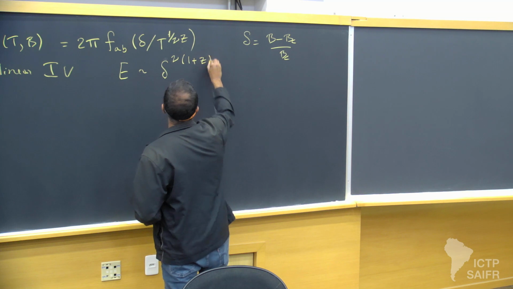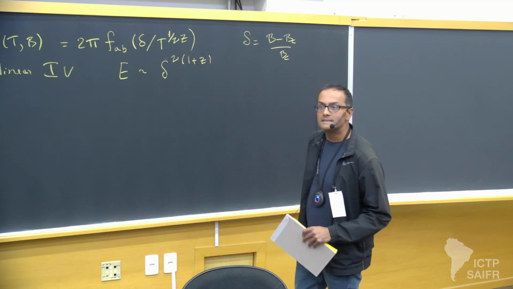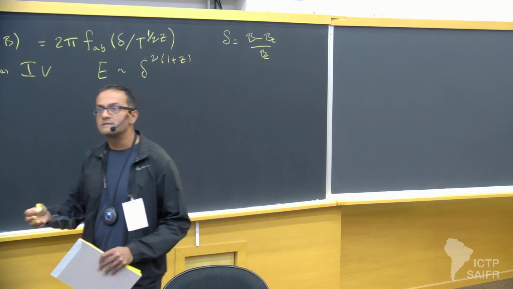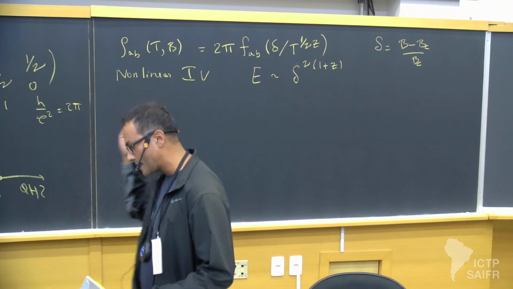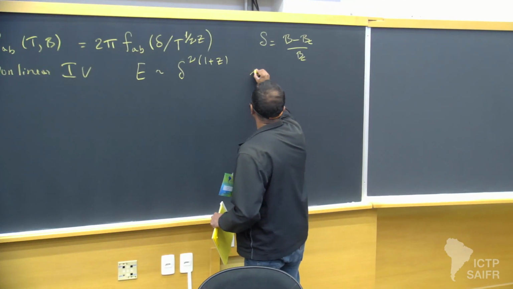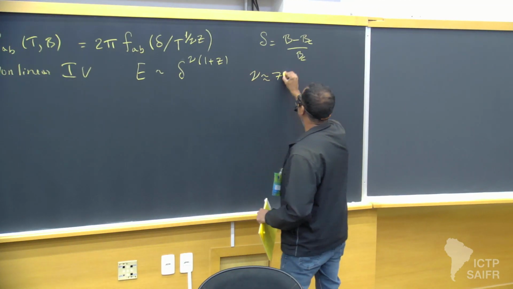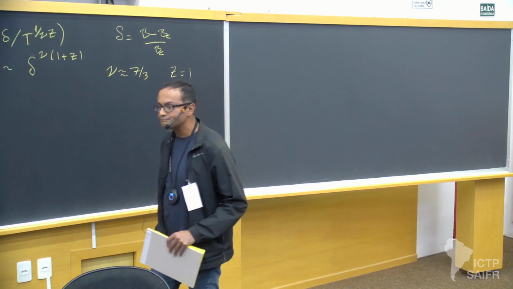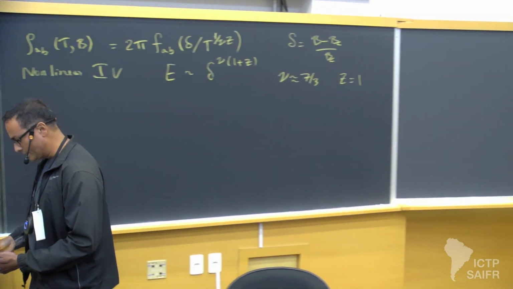So now you can extract ν and z independently. We know from experiments on integer and fractional transitions from back in the 90s, and ongoing to this day, that ν is approximately 7/3 and z is equal to 1. Okay, very good.